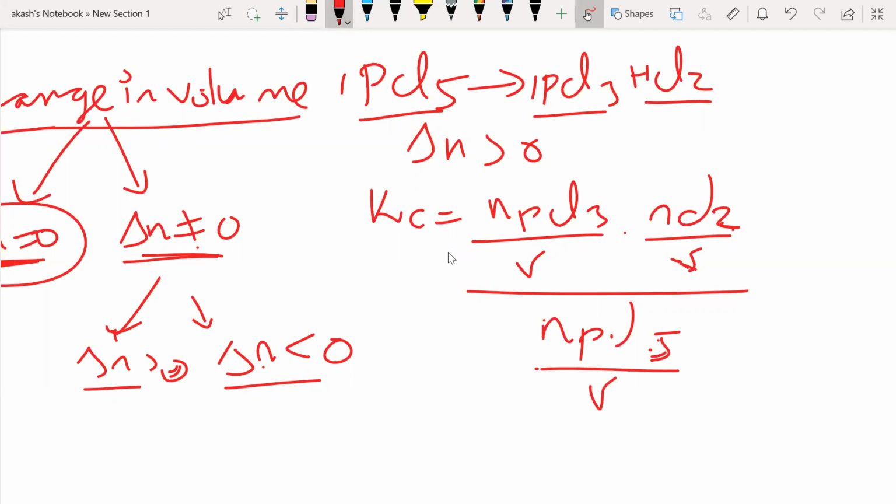Bear with me, guys, some problem is there in this area. So what do you see? There is one volume term getting cancelled, and there is one more volume term left.